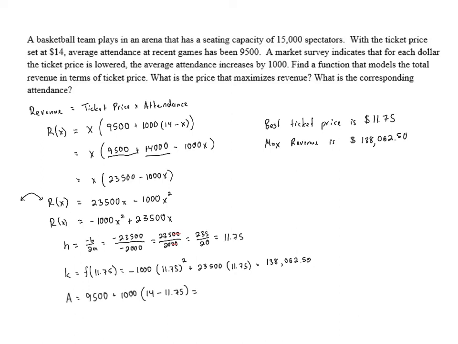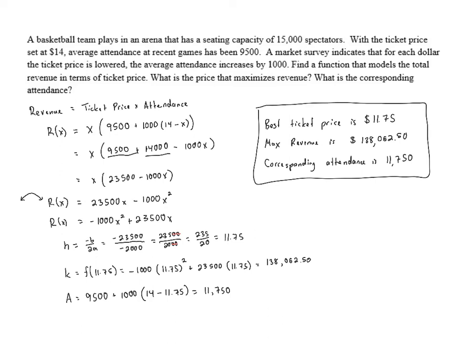And when we put that into a calculator, we get 11,750 people. So the corresponding attendance is 11,750 people. And so those are the answers to all of the questions that we might have about this situation.